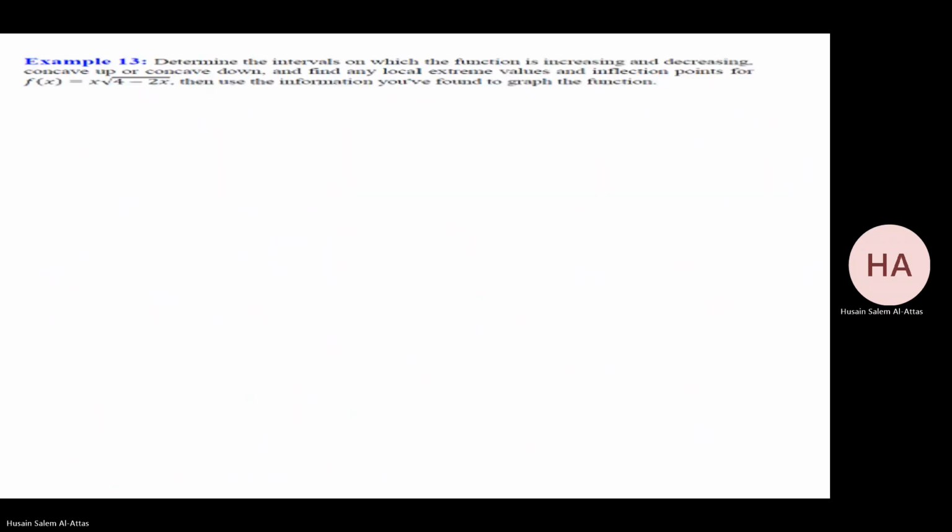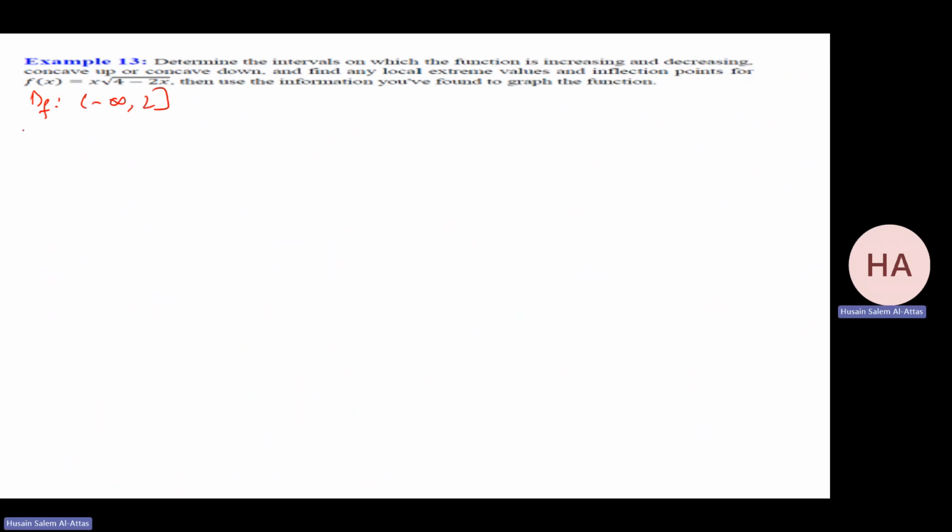I'll try to do these 3 problems before I do these multiple choice questions. Okay. What is the domain of f? It will be from minus infinity to 2.